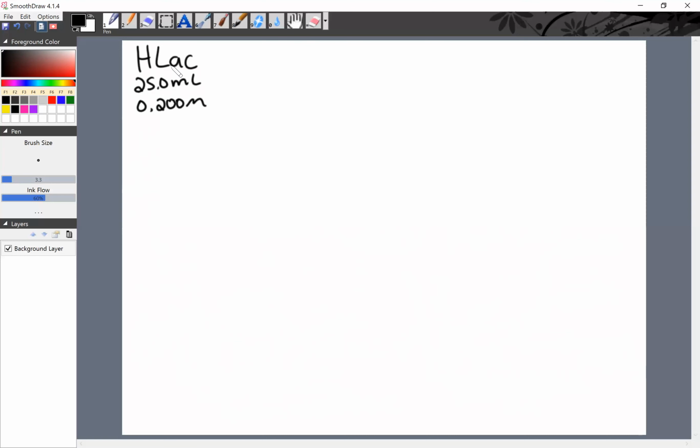This is a weak acid, so I'm going to add a strong base. All right, what bottle are you going to grab off the shelf? So I'm going to make them different this time. I have a bottle of 0.15 molar sitting on the shelf, so that's the one I'll grab.